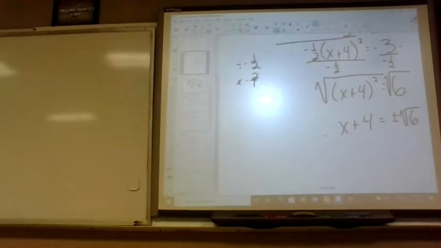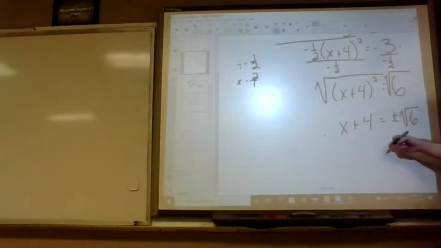Because negative 1/2 was multiplied to the left side, and I was trying to get rid of it, so I divided by negative 1/2. And my last step is to subtract the 4 over. So x equals negative 4 plus or minus square root of 6.